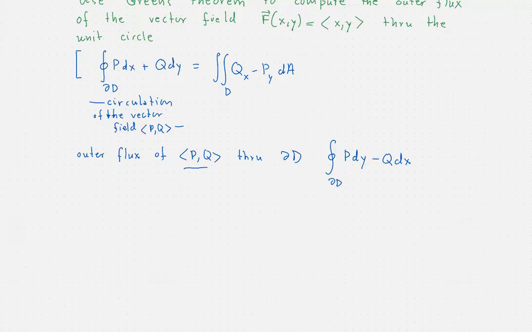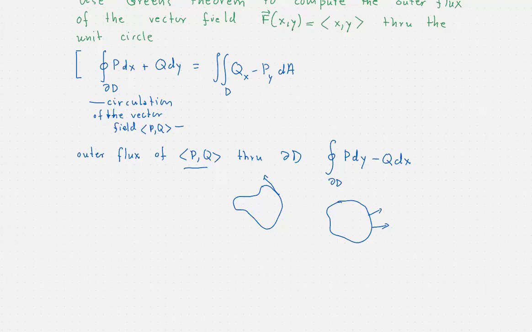So in the circulation, one takes a dot product with the tangent to the domain, in particular when that is facing counterclockwise. So I'm sorry, this should face the other way. And in the case of the flux, one takes the dot product with the outer normal, and that really expresses the amount of the vector field that exits.